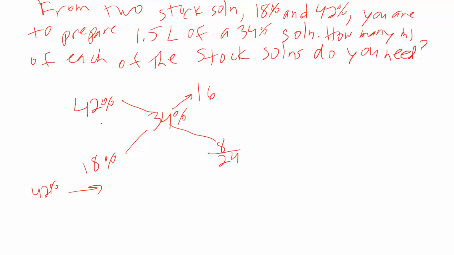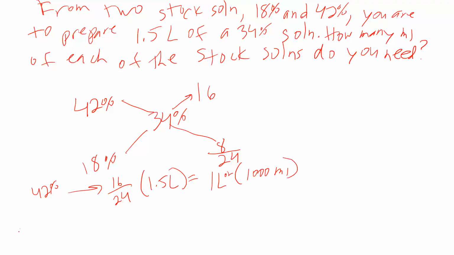So it's 16 parts of the 42%, and there's 8 parts of the 18%, and there's 24 total parts of the 34%. So that would be 16 over 24, times 1.5 liter equals 1 liter or 1,000 milliliters.